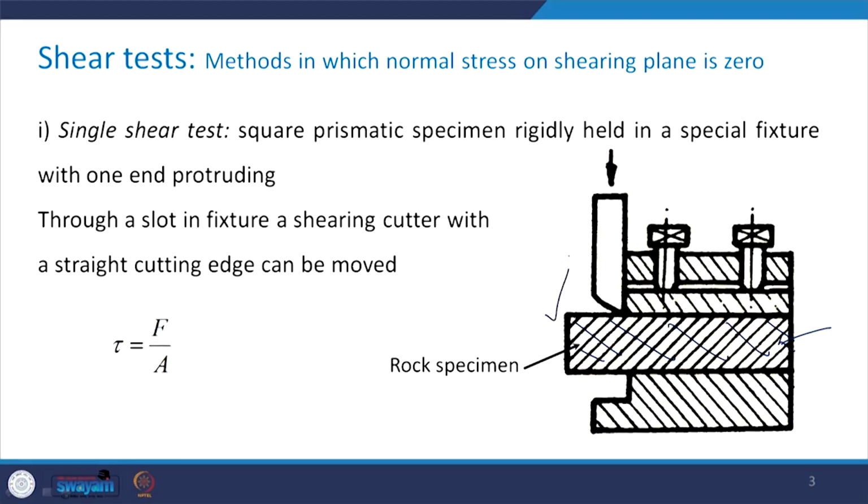That means this end is protruding and this end here it is fixed rigidly. Now, through a slot in fixture, a shearing cutter with a straight cutting edge can be moved. Look at this, that this is what is your cutter. There is a slot here and you apply the force from here, and what will happen, that the specimen will be cut along this plane.